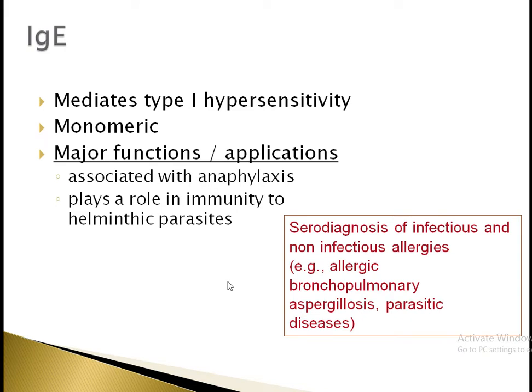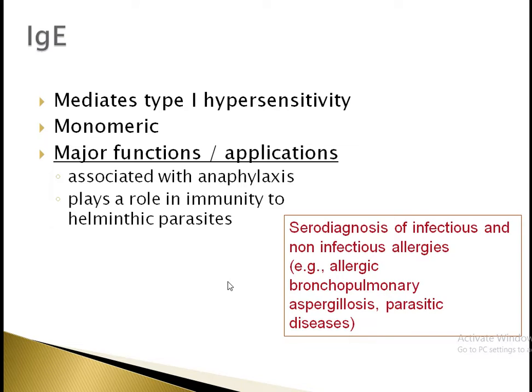Coming to IgE, you must remember that they are very important regarding the hypersensitivity reaction. I will tell you the hypersensitivity reaction details later on, but I introduced this terminology in the previous lecture also while discussing eosinophils and basophils.